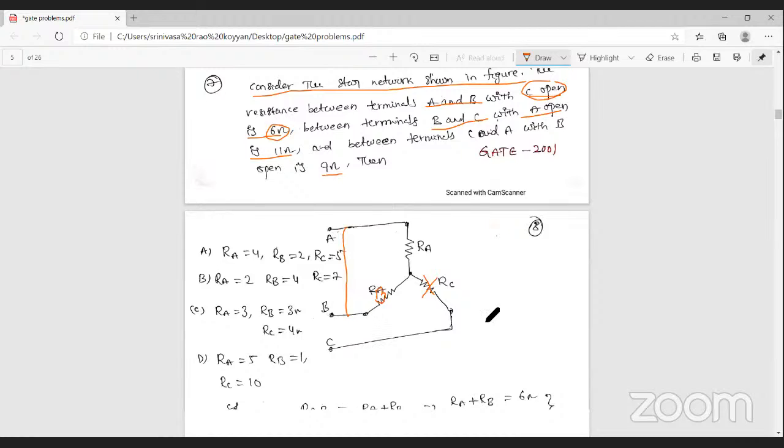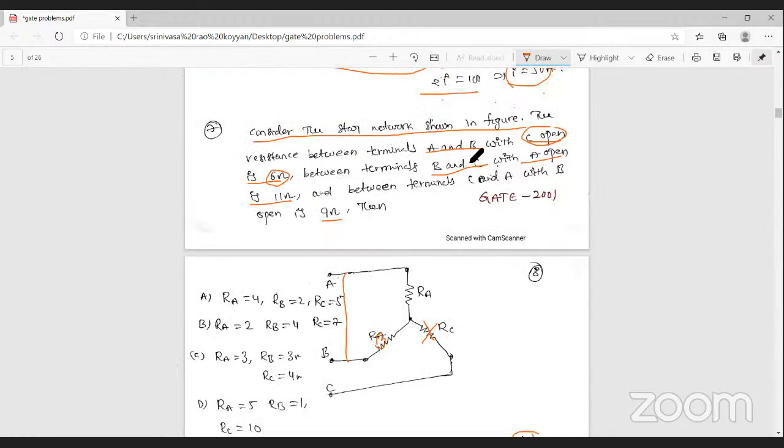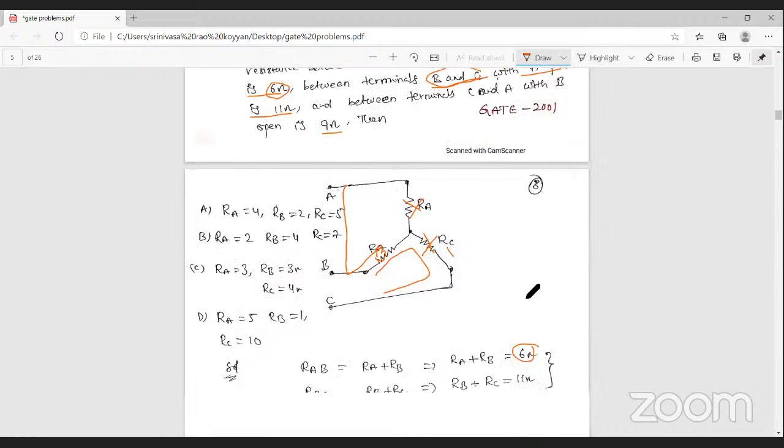Here between the terminals B and C with A open. So here B, here C, A is open. Then these two resistances are in series, that is RB plus RC. And similarly, the third one, the resistance between the terminals C and A, with B open.